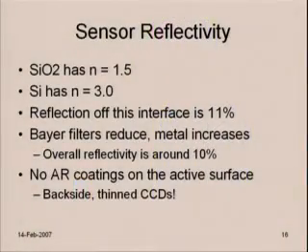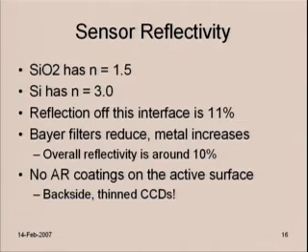So the reflection off the silicon to silicon dioxide interface is about 11%. The Bayer filters on most of the sensors, on color sensors, are absorbing quite a bit of light coming down to the sensor, and then of course they absorb a bit more on the way back up again. And so they reduce that 11% a bit, but on the other hand, you have usually indium tin oxide and aluminum wires on the surface of the pixel, and those are quite bright, and so those reflect a bit more.